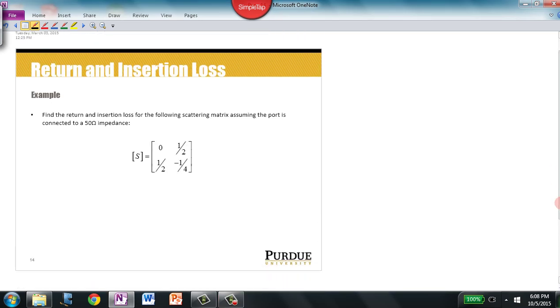Let's finish our brief discussion on return and insertion loss by doing an example. We've got a network. It's characterized by the given S parameters, and it's connected to a 50 ohm impedance. We want to determine the insertion loss and the return loss for both directions.